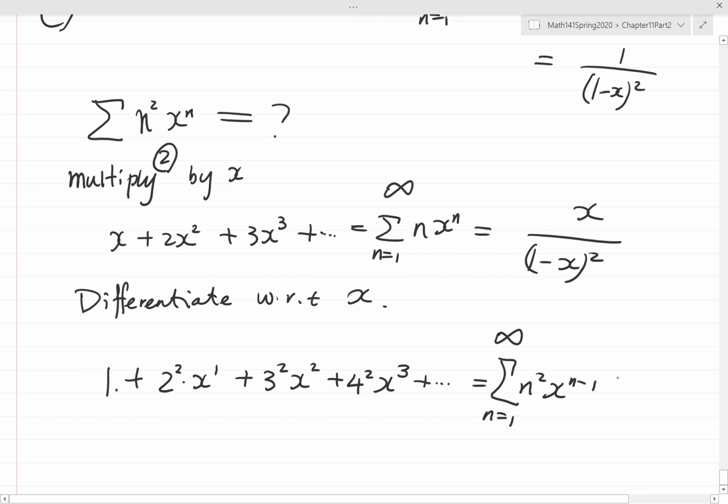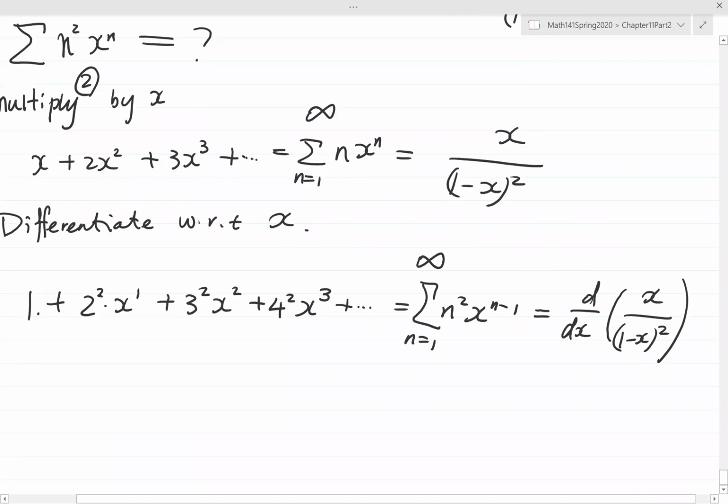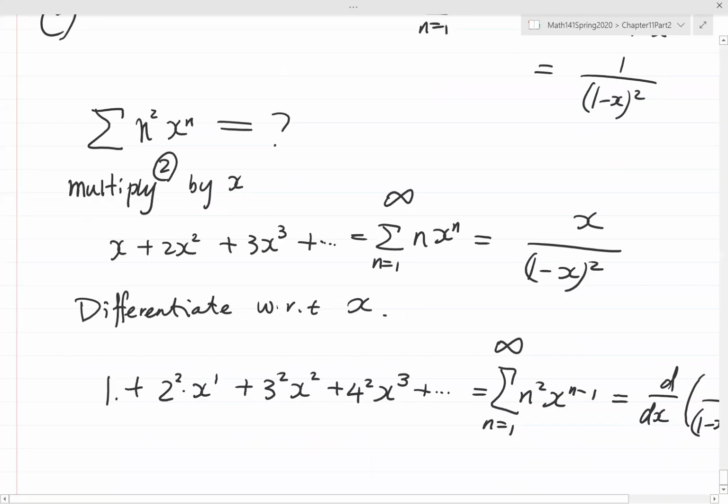Now the right side will be d/dx of x over (1 minus x) squared. This is equation 3.